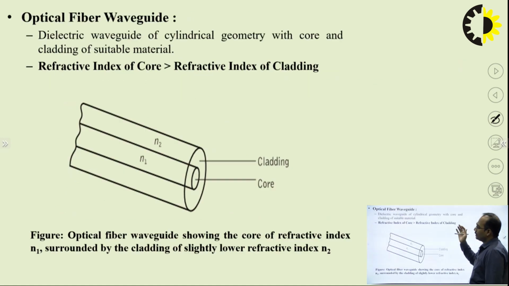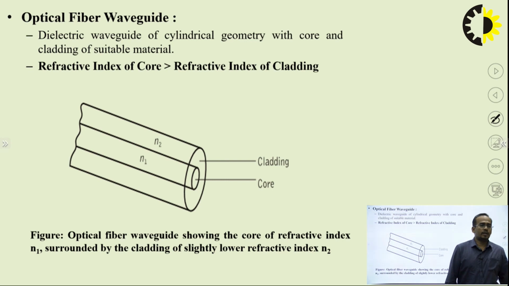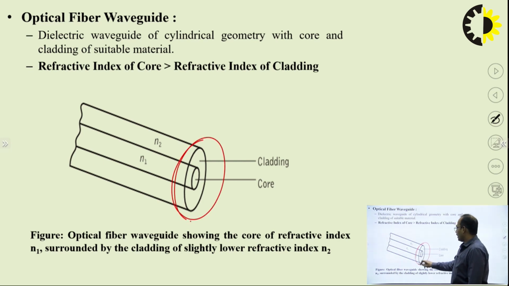Similarly, in an optical fiber waveguide, a dielectric waveguide with core and cladding is used with suitable materials, and as I have already told you, the refractive index of the core is greater than the refractive index of the cladding. It is clear from this figure that the upper part will be the cladding and the inner will be the core.